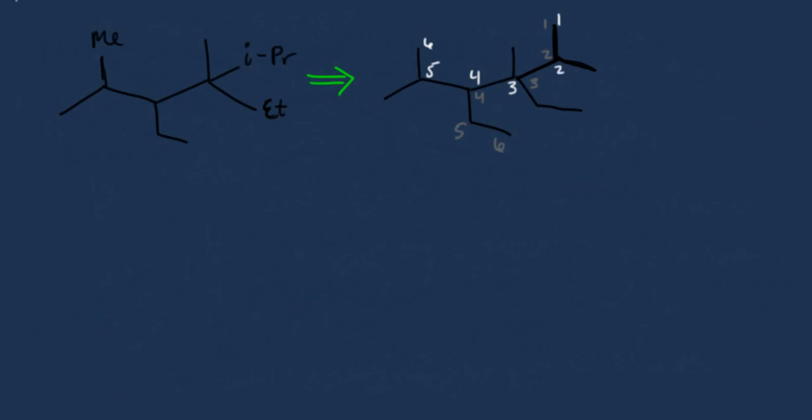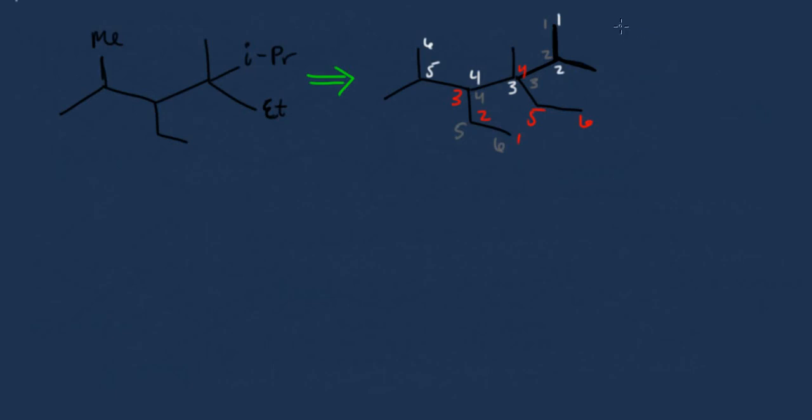And additionally, there's even one more way that we can name this molecule. I can do it in red. You can go maybe 1, 2, 3, 4, 5, and 6. A lot of numbers. So let's go ahead and analyze which one's going to be our parent chain based off which one has the most substituents on it.